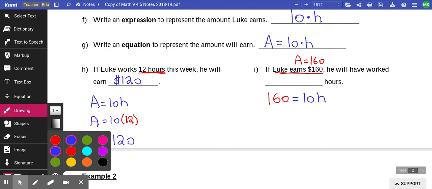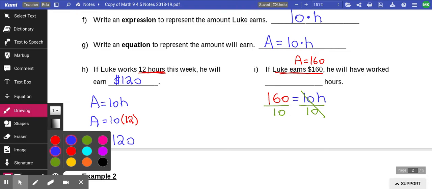So if you have this situation and you're trying to figure out what H equals, that means you're trying to get H by itself. To get H by itself, you need to move this 10 to the other side somehow. The way we would move that 10 is by dividing it. If you divide both sides by 10, it'll cancel out on that side.